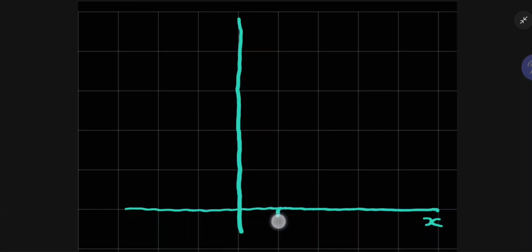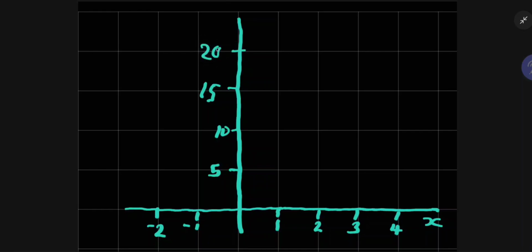Let's say this is 1, 2, 3, 4, and this is -1, -2, and let's say this is 5, 10, 15, 20.